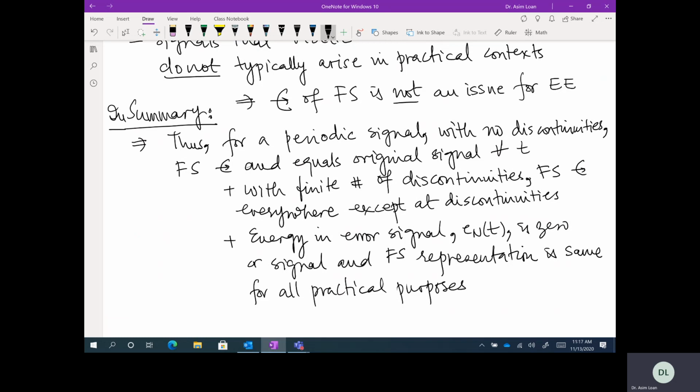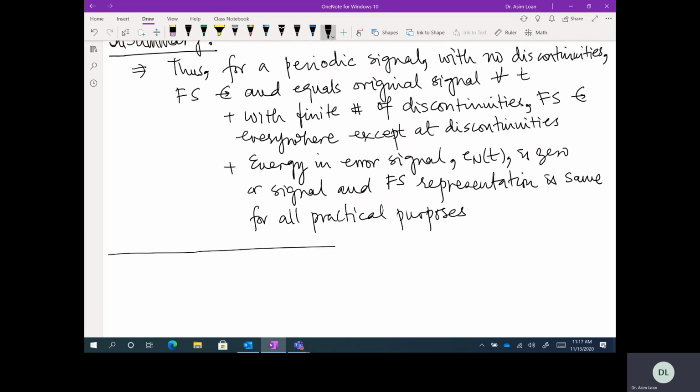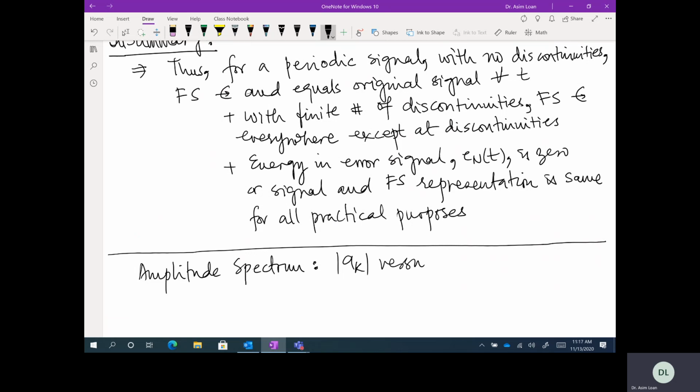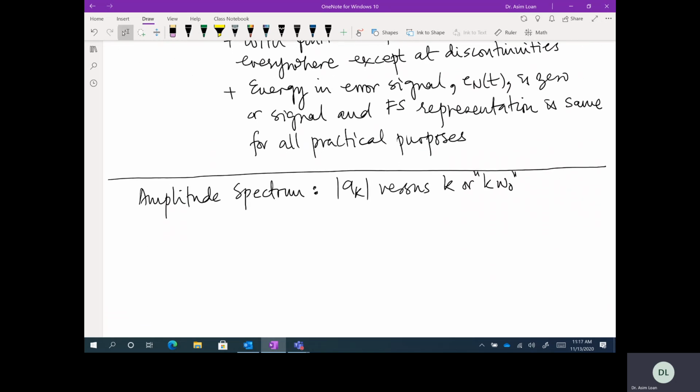Okay. So before we end this lecture, I want to give you some tips about the phase and the amplitude spectrum. For the amplitude spectrum, and what is the amplitude spectrum? This is the magnitude of a_k versus k, or actually k omega naught. And what are the tips?